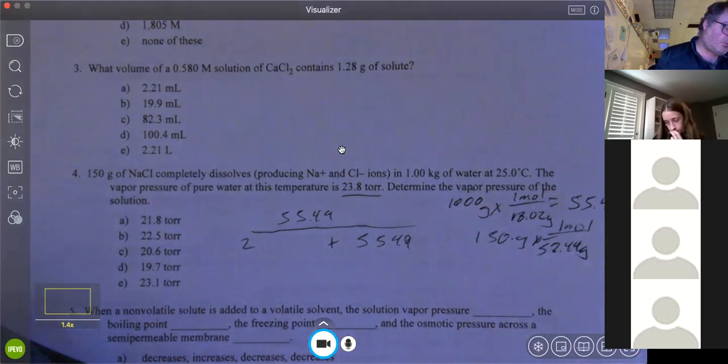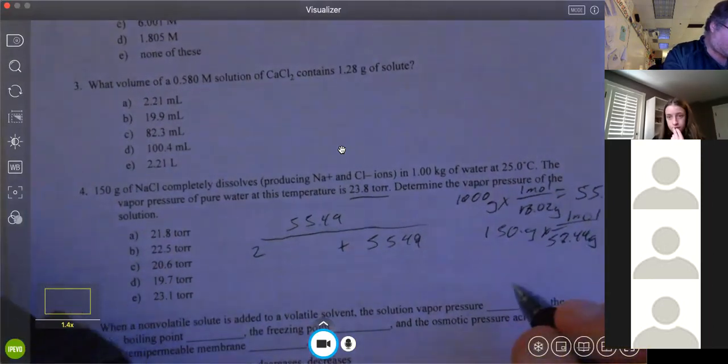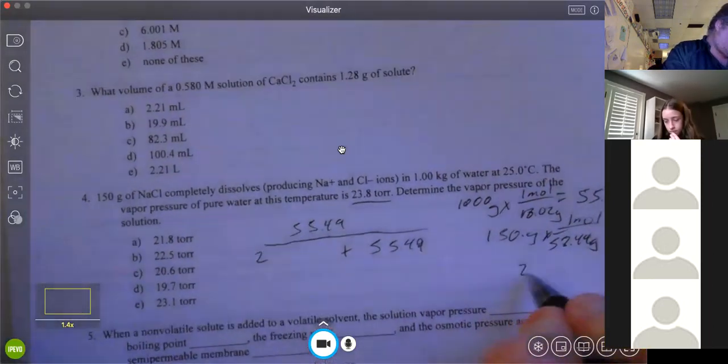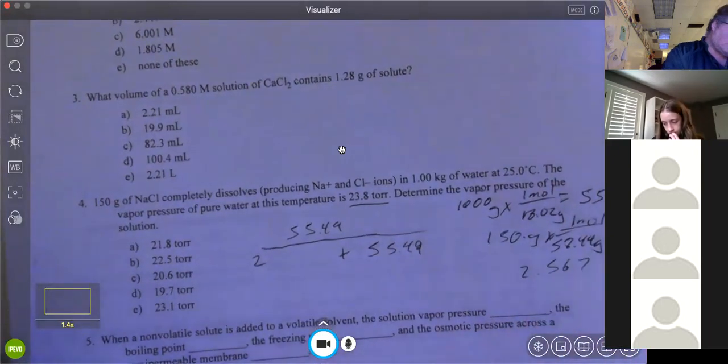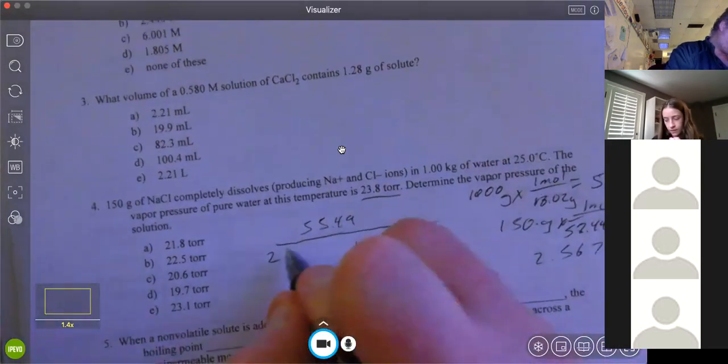150 divided by 58.44. The answer is about 2.5667. So that's how many moles of NaCl we have.